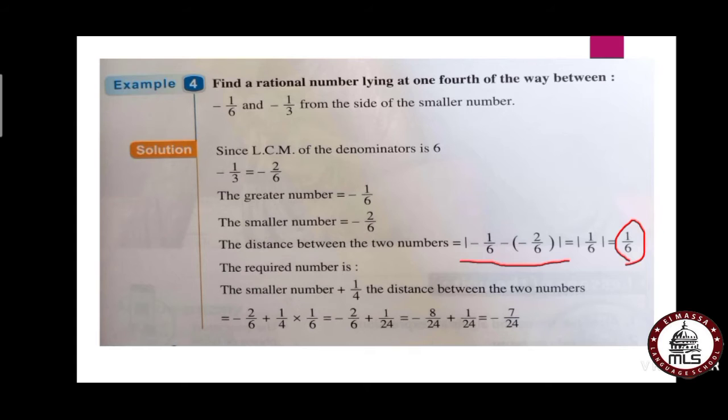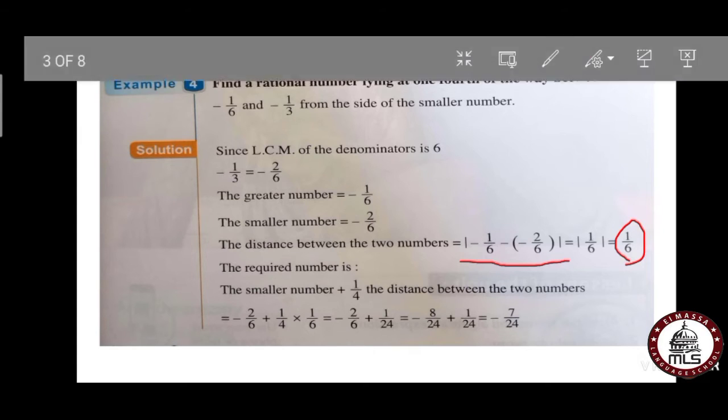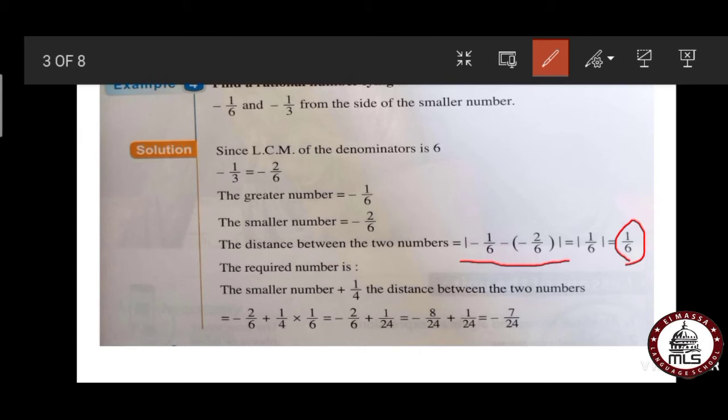Then the required number, the number lying at 1/4 of the way from the side of the smaller number. The rule is the smaller number plus a fourth of the distance between the two numbers. The smaller number is -2 over 6 plus a fourth times the distance, which is 1 over 6.